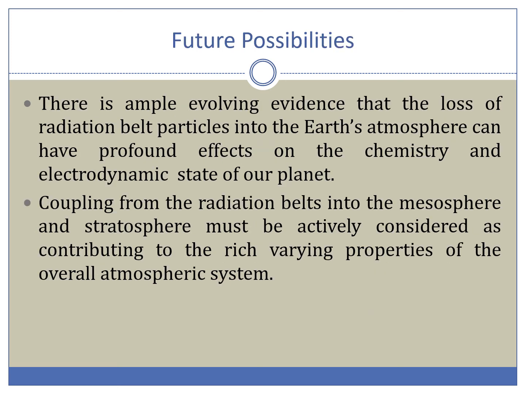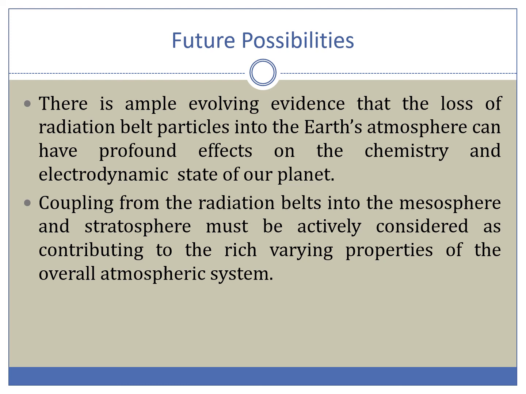As described, the radiation belts are an integral part of the overall magnetospheric environment of Earth. As such, the Van Allen belts are intimately coupled to the ring current, plasmasphere, ionosphere, and magnetotail regions of our planet.